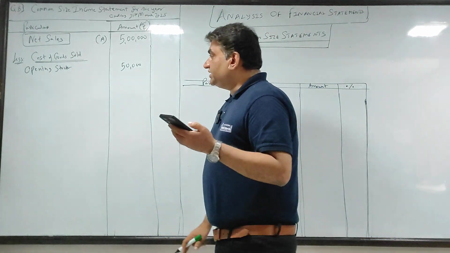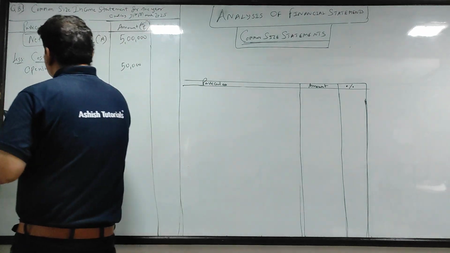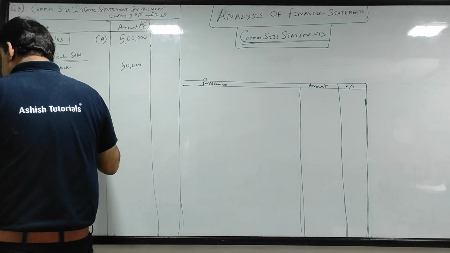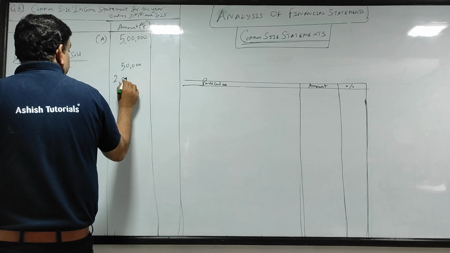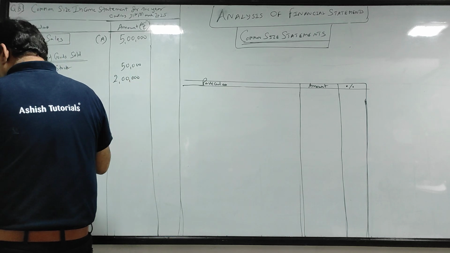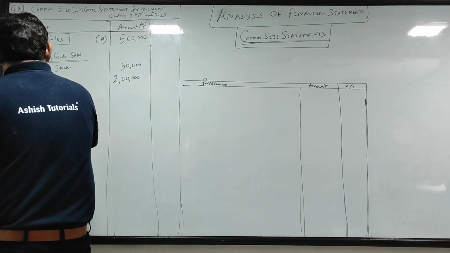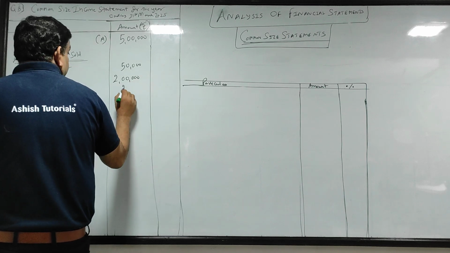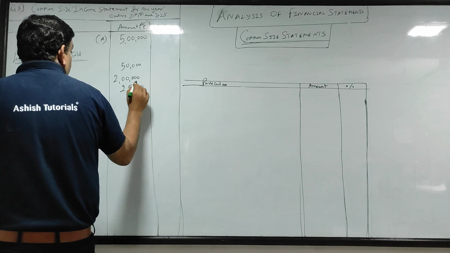Purchases, no returns. So purchases 2 lakhs. Wages, not to take gross profit, as the difference will be your gross profit.